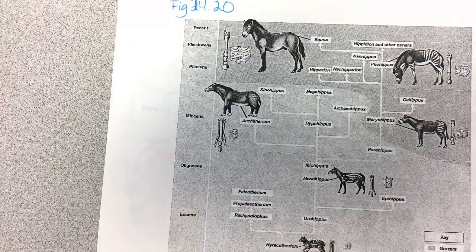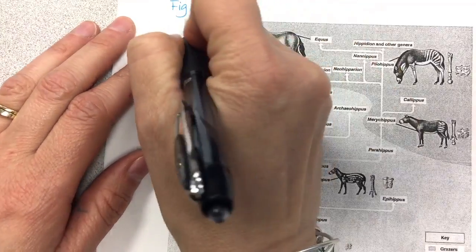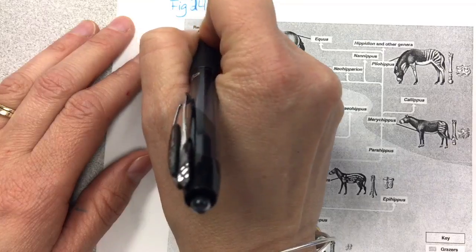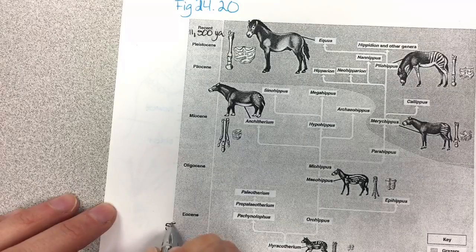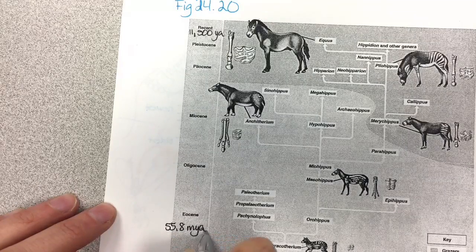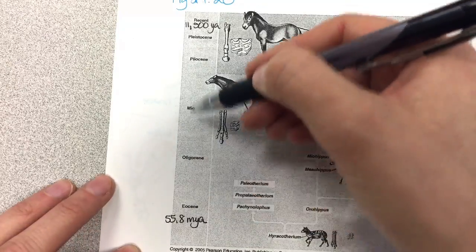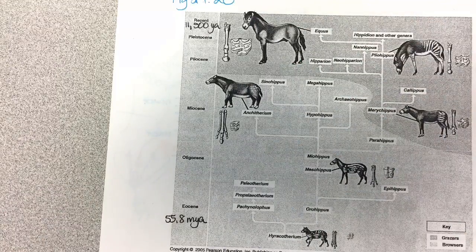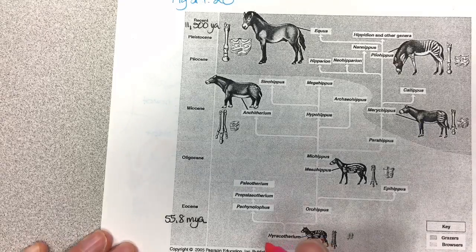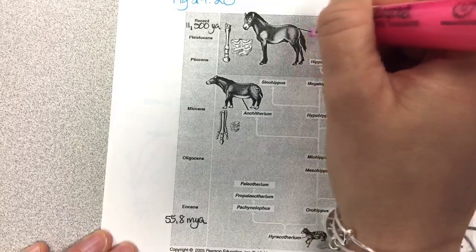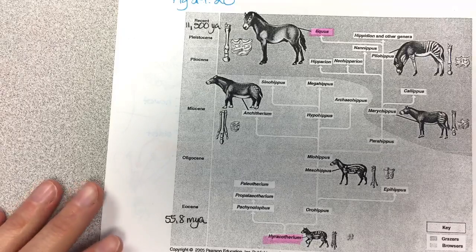Just to give you an idea, this is 11,500 years ago, YA for years ago, and this is 55.8 million years ago. Your book gives you examples of how many millions of years ago these were. But what I want to do is highlight the evolution of our modern horse. Here's our modern horse, and here's the ancestor, and we're going to look at its path.